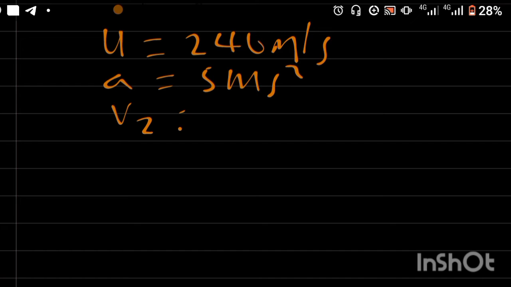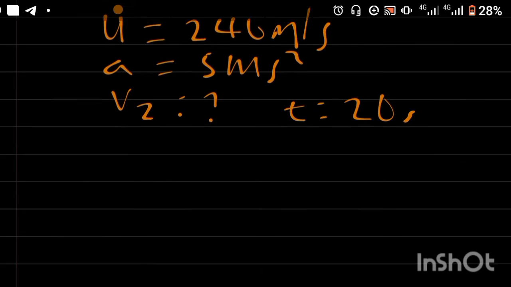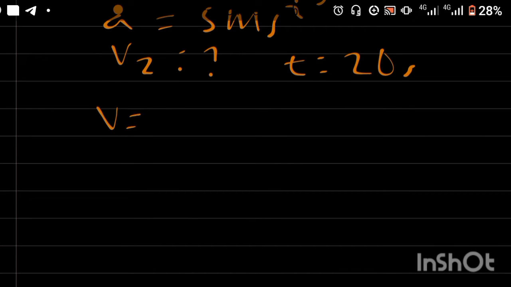Calculate the final velocity after 20 seconds. That is the question: a car traveling at an initial velocity of 240 meter per second accelerates at 5 meter per second square. Calculate the final velocity after 20 seconds. So we use this formula, V is equal to U plus AT.